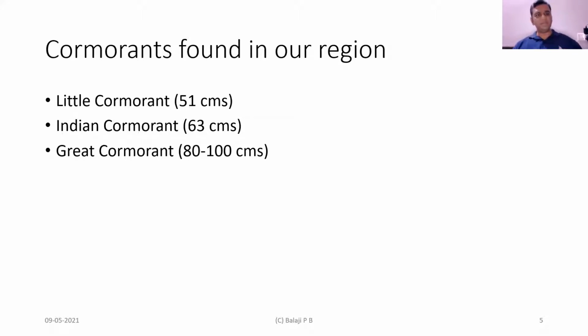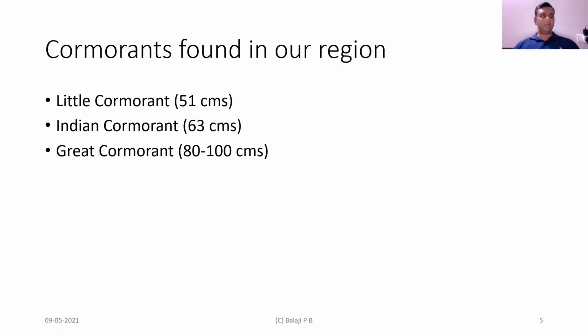As the name implies, the little cormorant is the smallest of the group at 51 centimeters. The Indian cormorant is slightly bigger at 63. And the great cormorant is the biggest of the three at 80 to 100 centimeters.